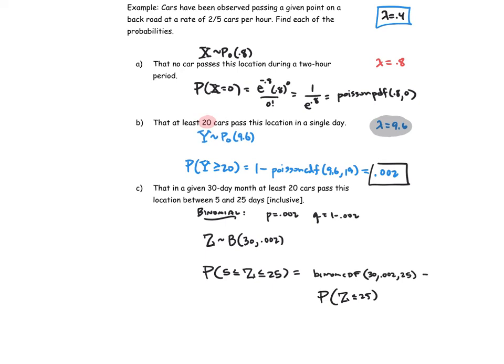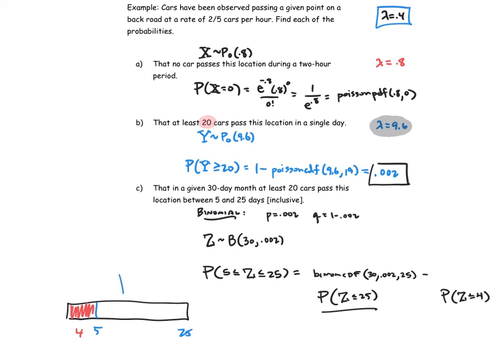And then I want to take away from it the probability that Z is less than or equal to 4, right? Imagine this is the first probability, and then I want to take away, even though this is discrete, the first 4, which leaves me with inclusive from 5 up to 25.